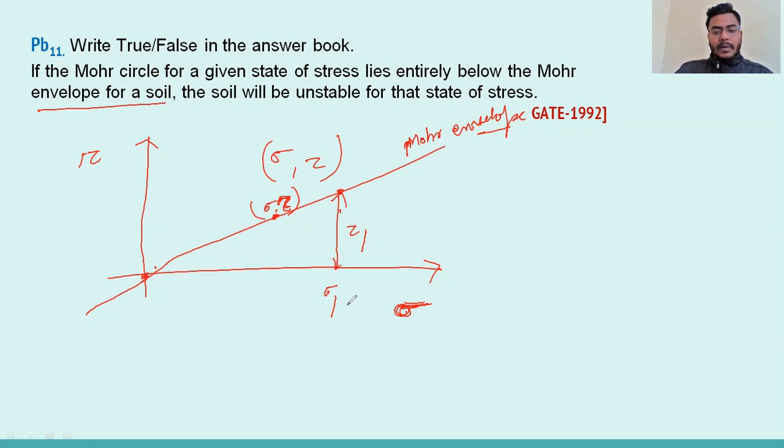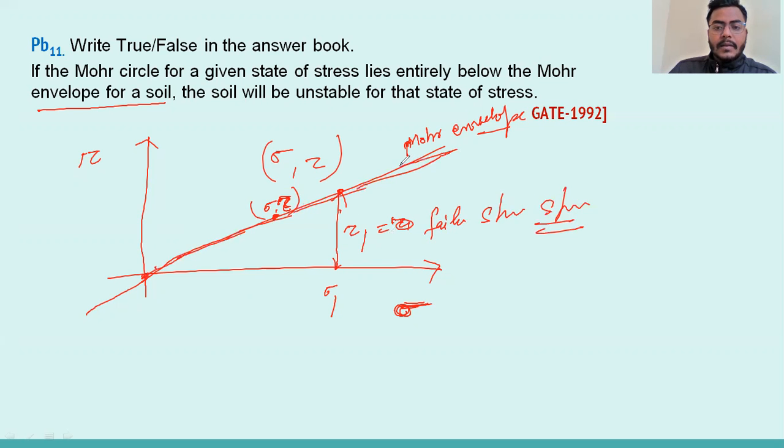Keeping the normal stress σ1, the soil will fail at τ1 shear stress. So this is the failure shear stress we can say also. This graph, this line, is called the Mohr envelope.